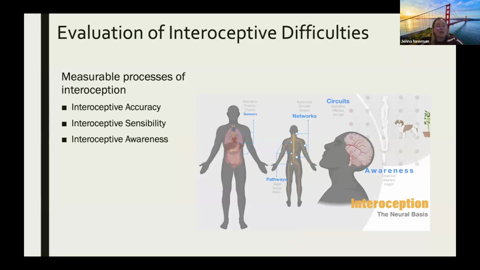And this is the objective ability to accurately detect your internal bodily signals. So the question that can be asked in this process is how objectively correct are you? It can be measured through behavioral tasks such as heartbeat counting, heartbeat discrimination, and gastric sensitivity tasks.